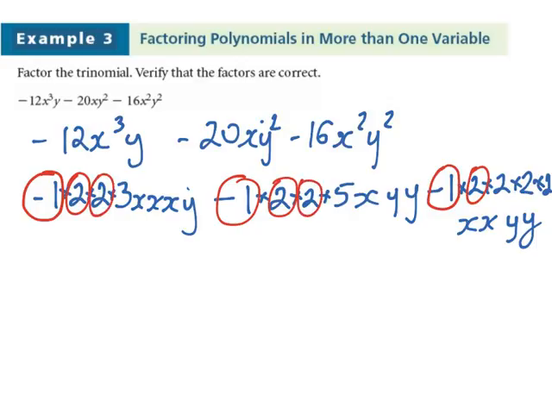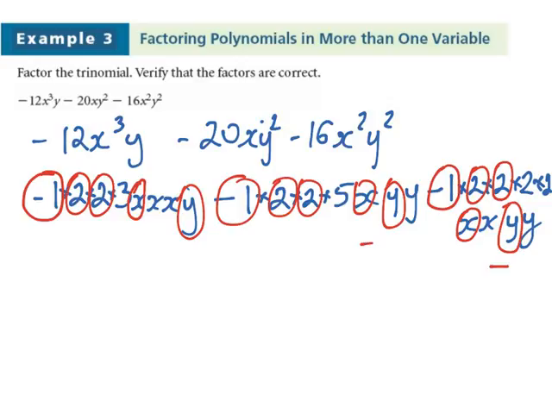No, because the middle term has no 3s, only has a 5. Is there an x? Yes, there's 1 x. And is there a y that's common to all? Yes, there is. And there's no other things in common. That's the greatest common factor.